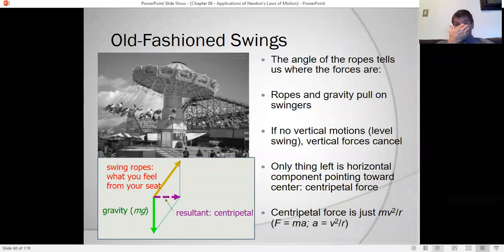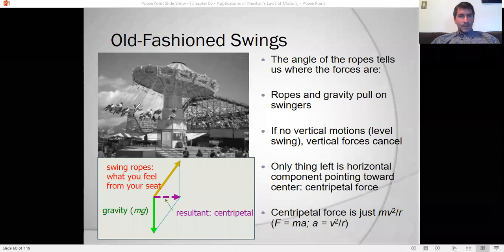Okay, here is one of these old-fashioned swings. They're sometimes called a Black Forest swing. I don't know if you've ever been on them. They're pretty common. You've got this rotating top, which attaches to these swings, and the swings basically connect to the rotating top via some sort of chain or cable or set of chains.